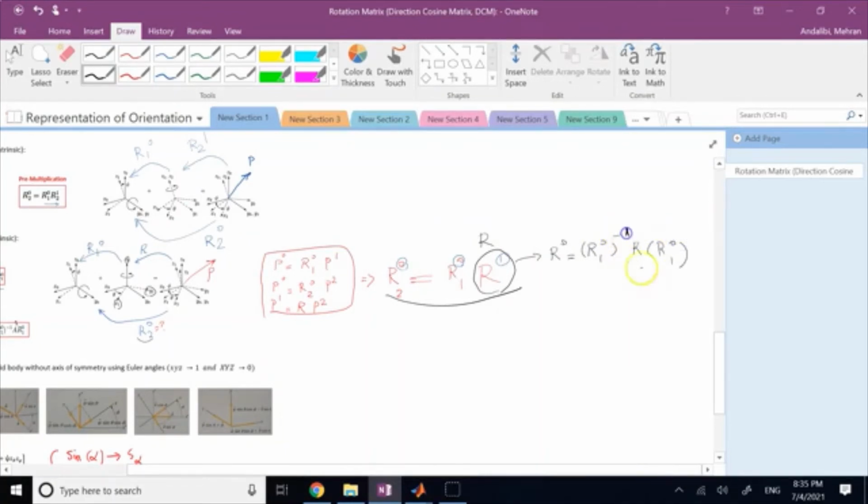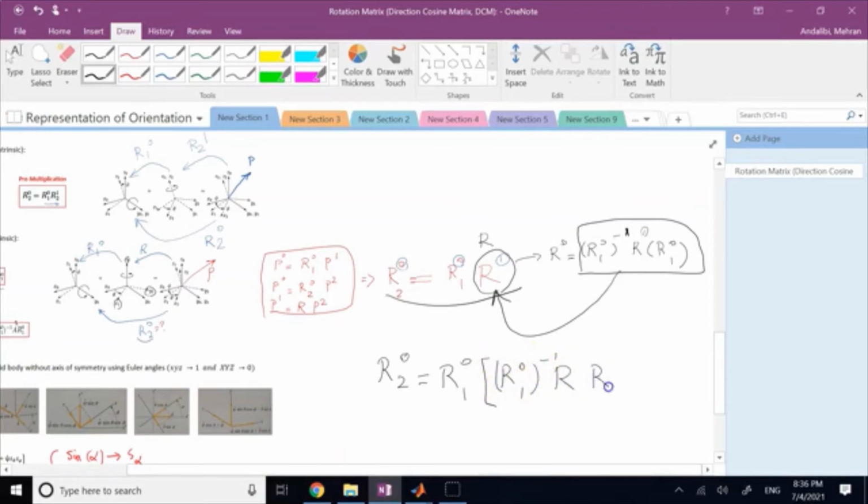This is how I take it from its reference, which is actually 1, to frame 0. And now I plug this into this equation. That's the right way to do it. Everything now will have reference of 0. So R20 is going to be what? R10 times R10 inverse times R10.